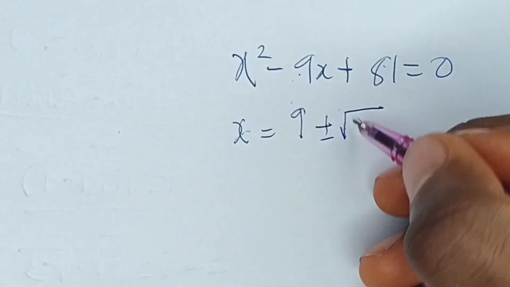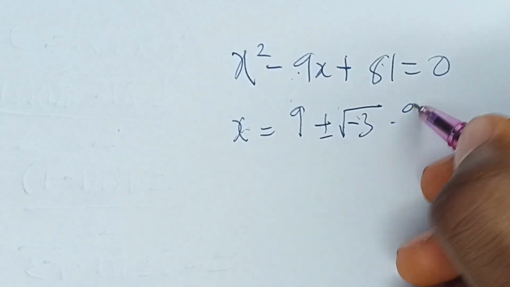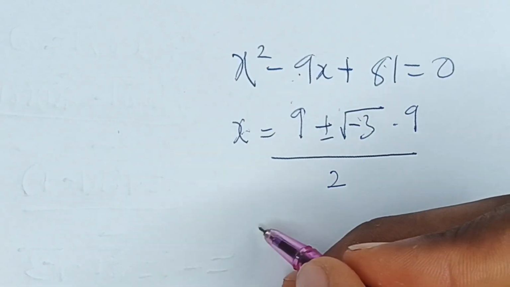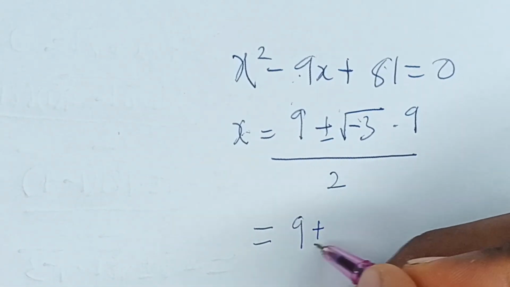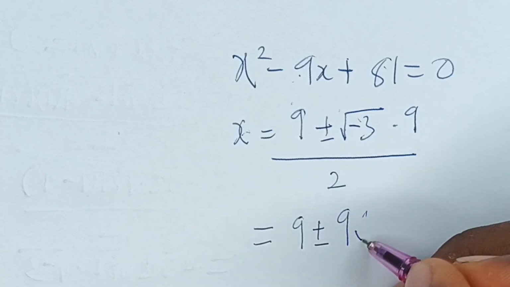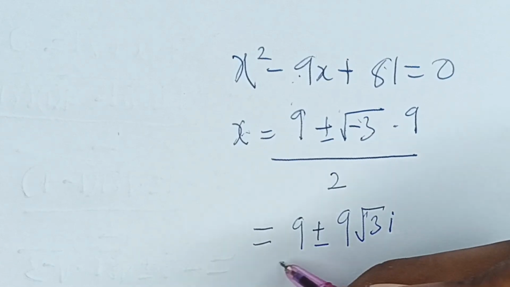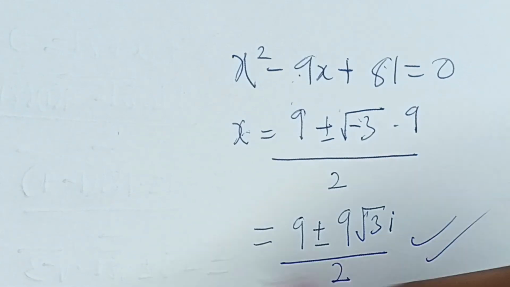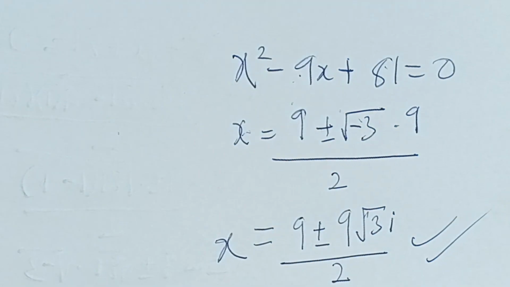So we have the root of negative 3 times 9, all over 2. This is equal to 9 plus or minus 9 times root 3i, all over 2. So these are the remaining answers for x in this question.